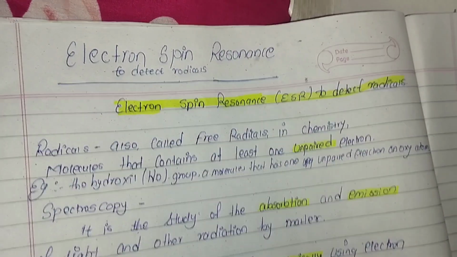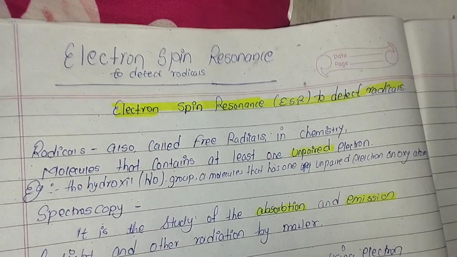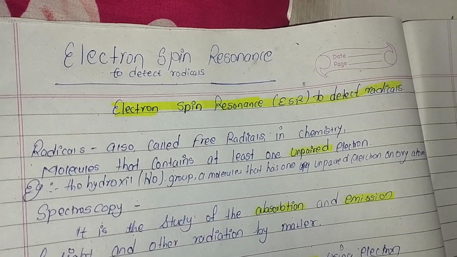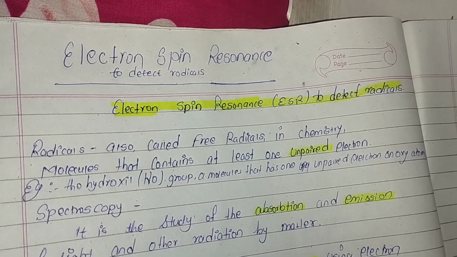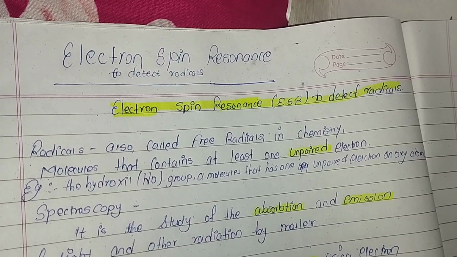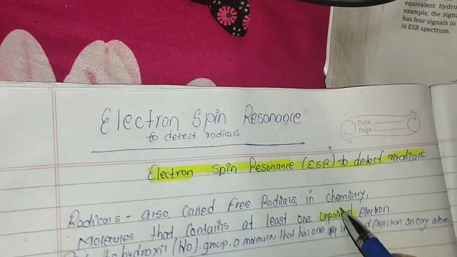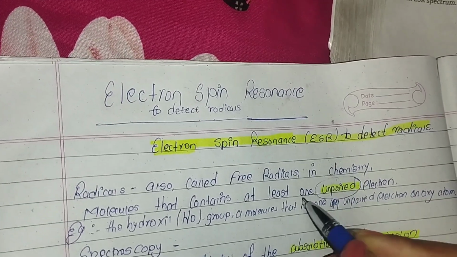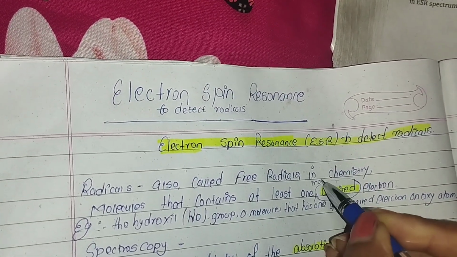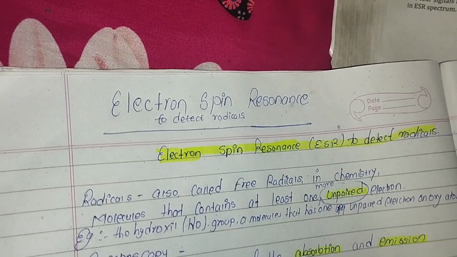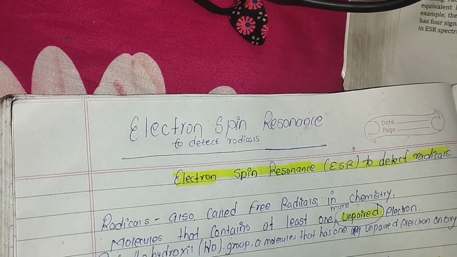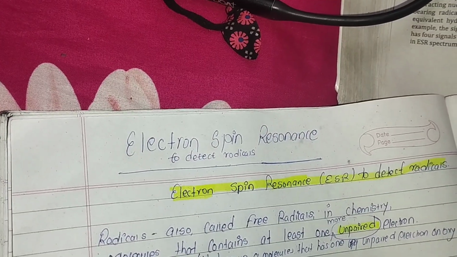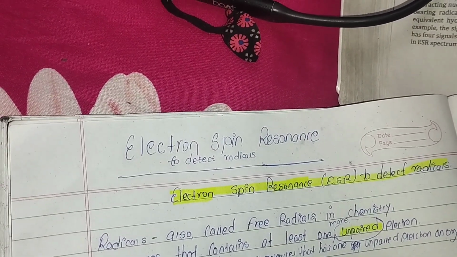Radicals, also called free radicals, are ions or molecules that contain at least one unpaired electron. You need to remember that it is unpaired, and at least one or more. Most molecules contain an even number of electrons.